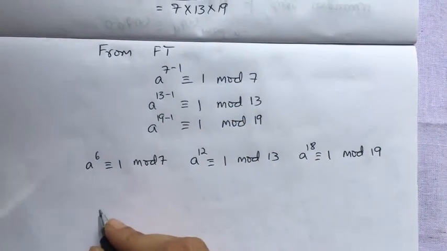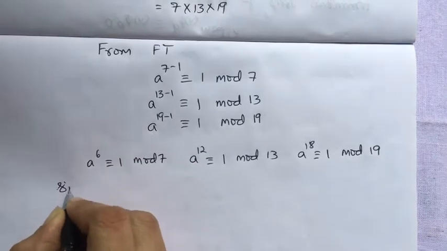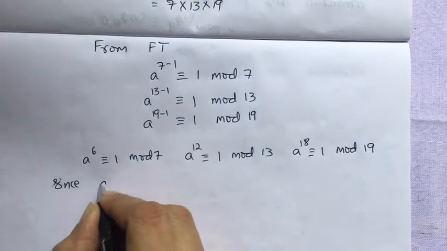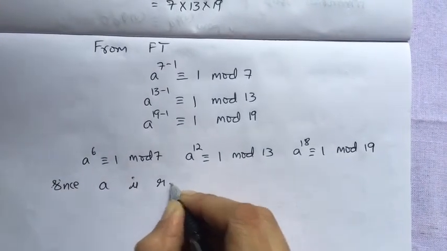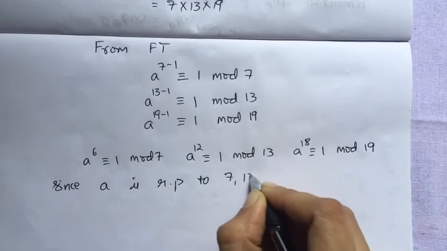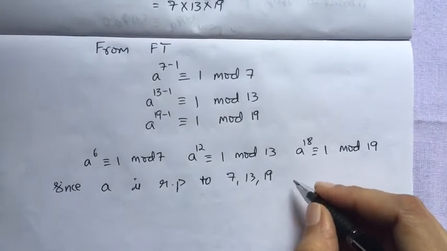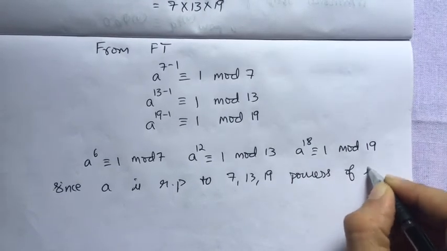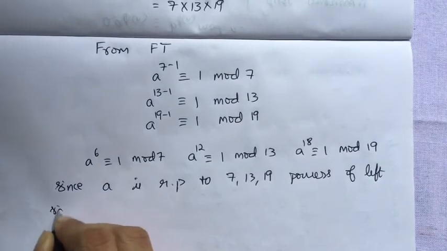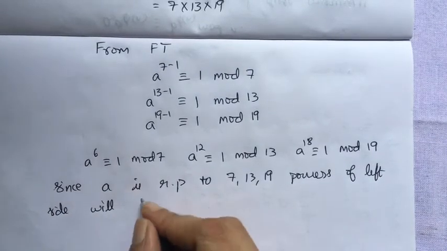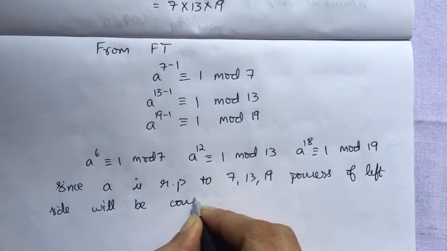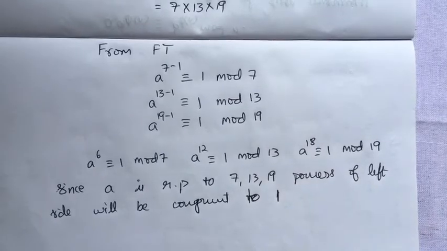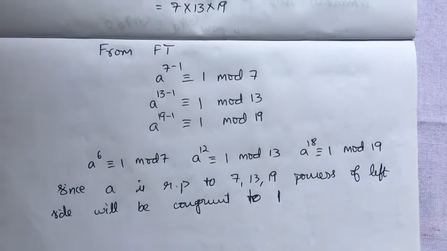So I can just write, since a is relatively prime to 7, 13 and 19, powers on the left hand side will be congruent to 1.